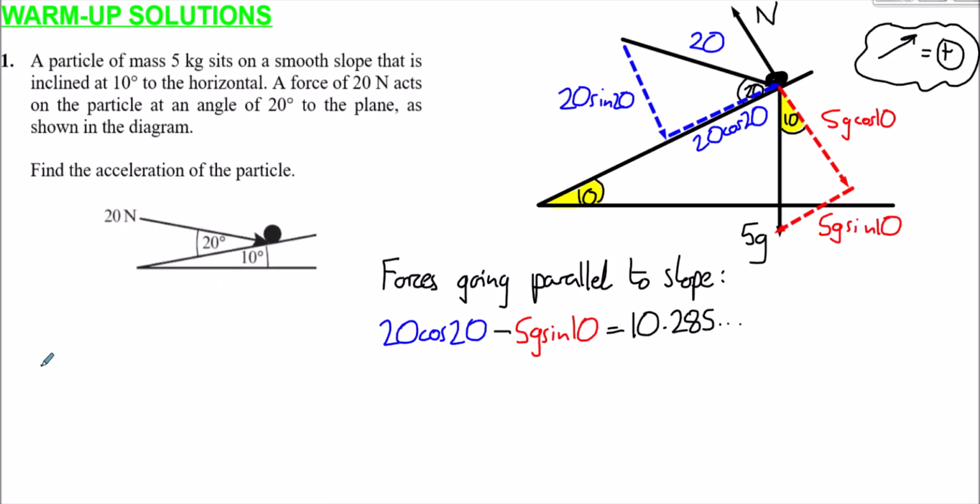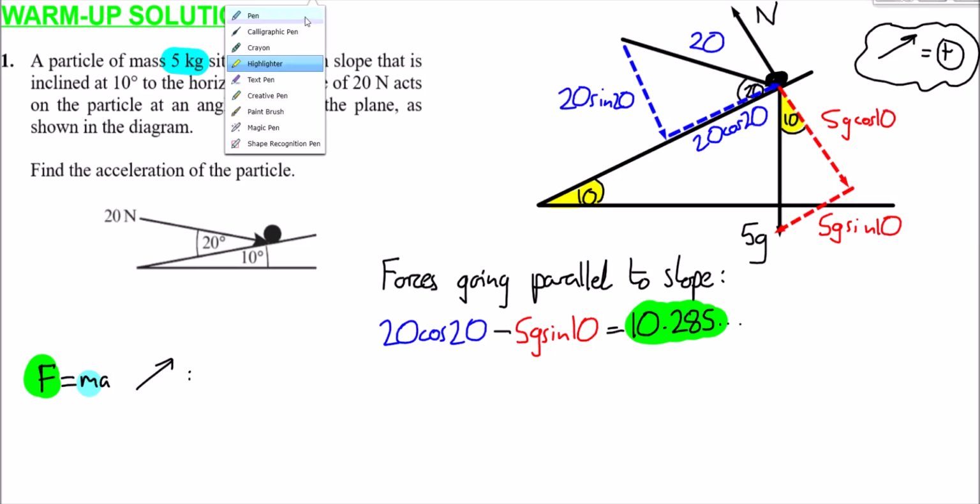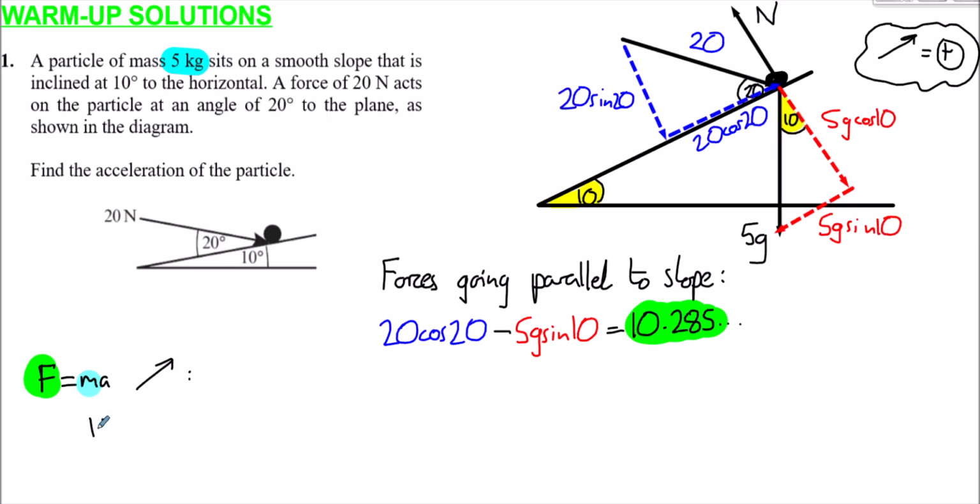We can now apply F equals ma in this direction. So the resultant force going up the slope we've just calculated here. The mass of the object is 5 kilograms, so then we can work out the acceleration by rearranging. So 10.285 and so on equals mass 5 multiplied by the acceleration.